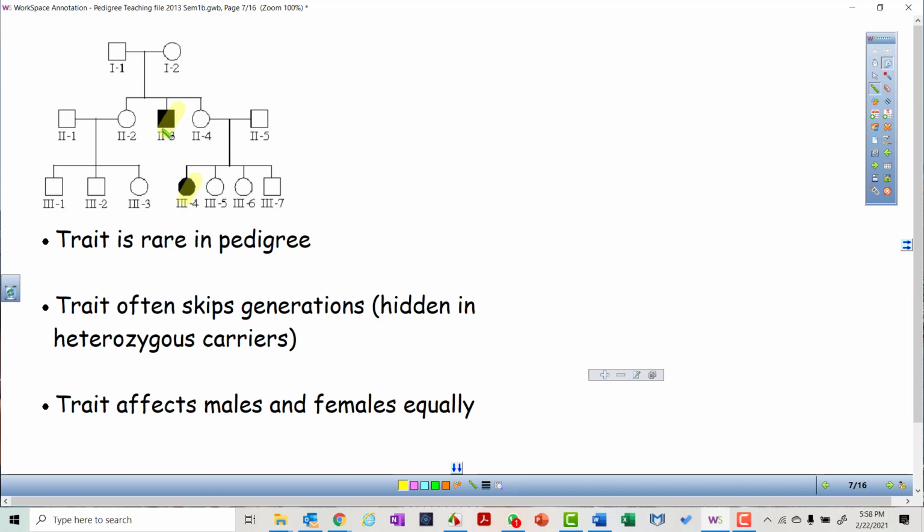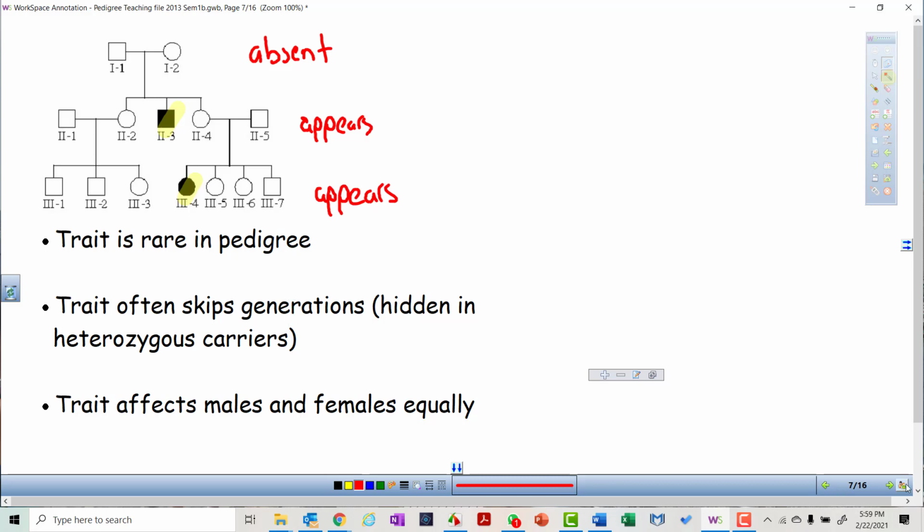But generally speaking, you'll see boys and girls affected equally. Sometimes the trait of interest will skip a generation. Notice that it's not here, right? It's absent in this generation, but suddenly it appears here. And it also is in this generation. But it's not uncommon in a pedigree like this, a recessive pedigree, for the trait to skip generations, right?